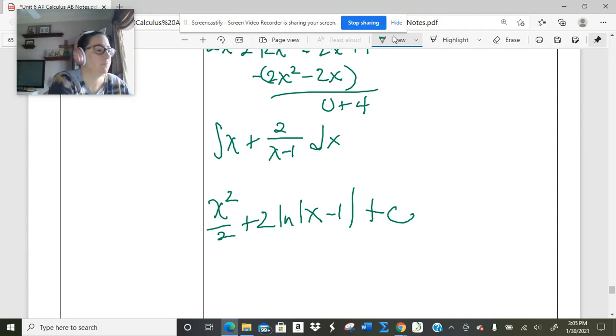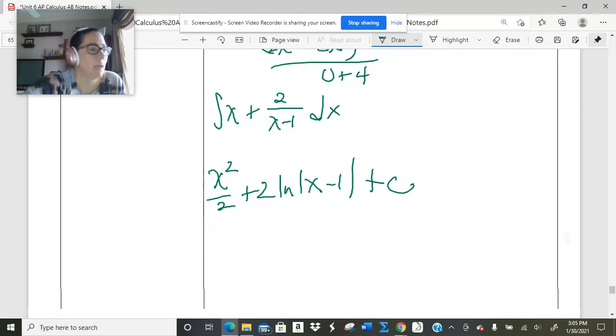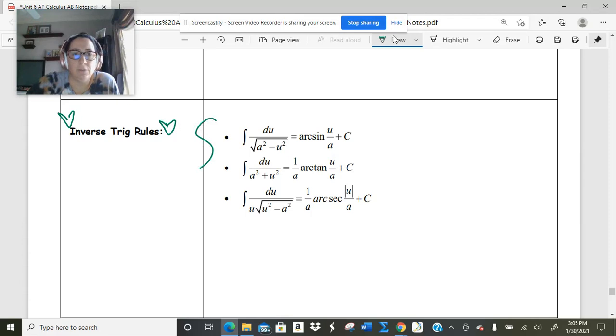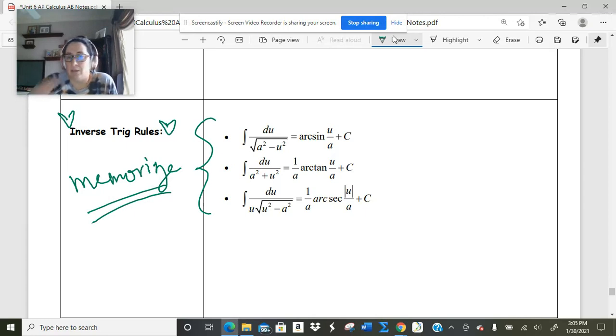Okay, and then the last thing we're going to talk about are inverse trig rules. So inverse trig rules you need to memorize. So these are your last antiderivative rules that you will need to get memorized.